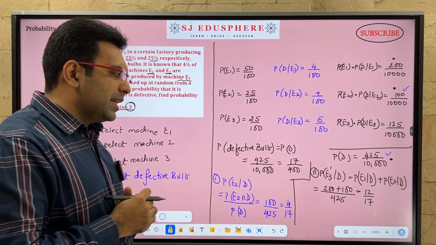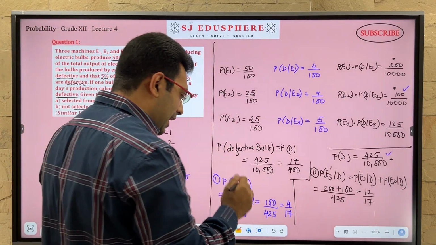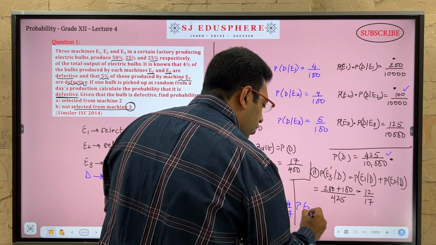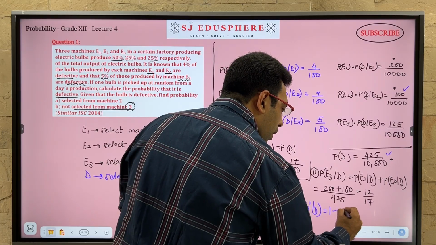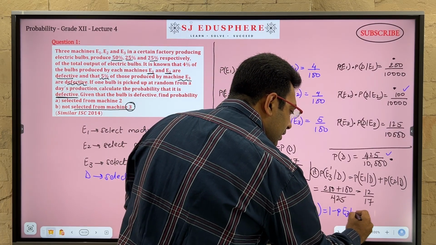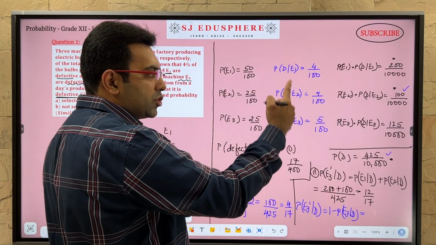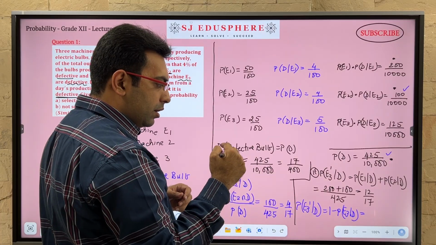Wait, is there an alternative method to solve this? Can I recall this as probability of E3 not given D is 1 minus E3 given D. E3 is how much? 125.